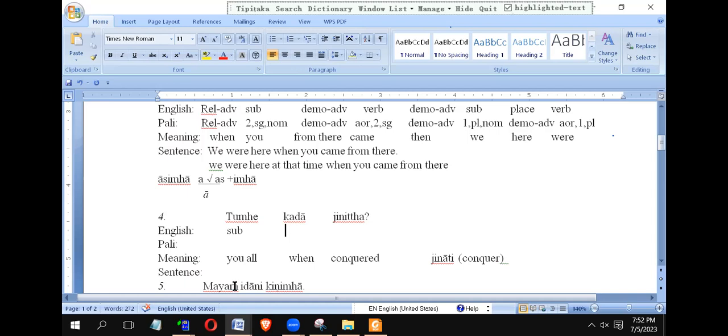Or you can just put it as a question on the place. And a question on the time. So this is a verb. All right. So in Pāḷi it is second person nominative plural.